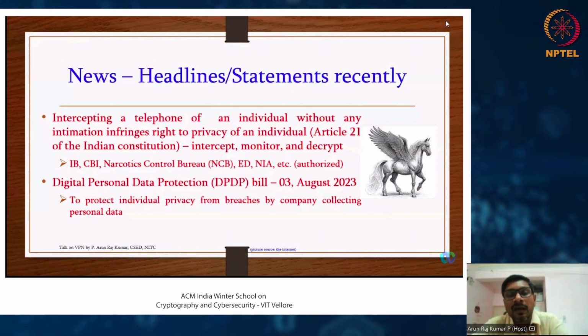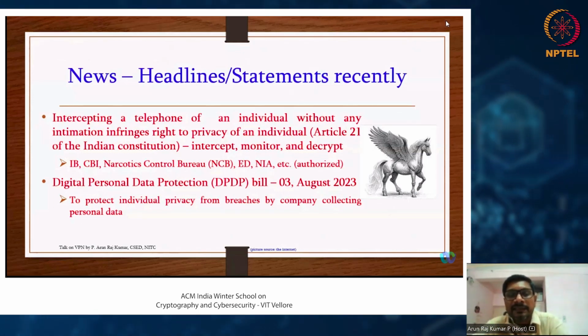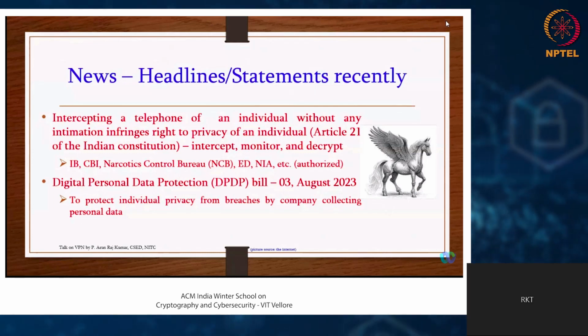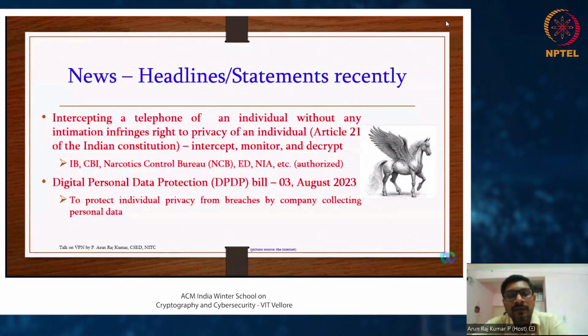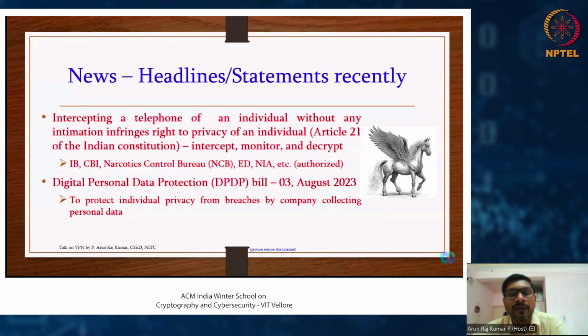No one is allowed to intercept, monitor, or decrypt your information, whatever you communicate through the internet, except authorized entities like the Intelligence Bureau, CBI, NCB, ED, and the National Investigation Agency. These are the authorized entities able to monitor the data because they do it for the protection of Indian citizens in India.